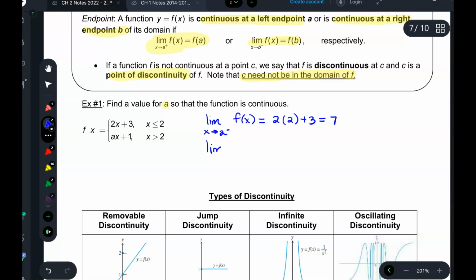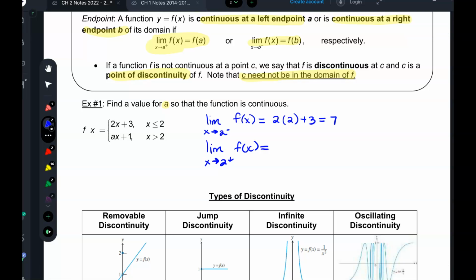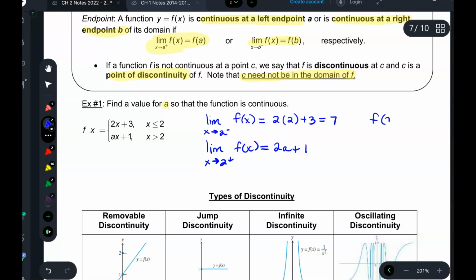Now let's do the limit from the right. And we get 2a plus 1. And we're also going to make sure, I'm just going to write this down, f of 2 also equals 7.